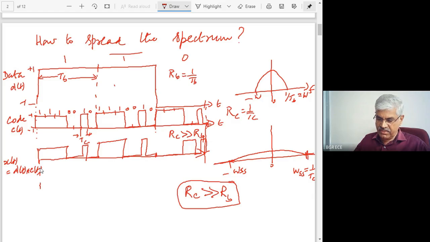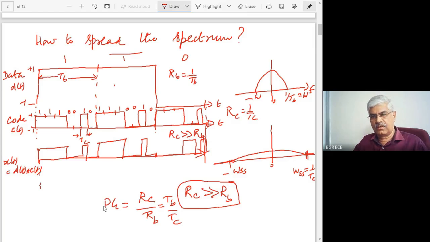So the ratio of this, let us call it RC by RB, in other words TB by TC, is called processing gain. So the amount of spread is this value.